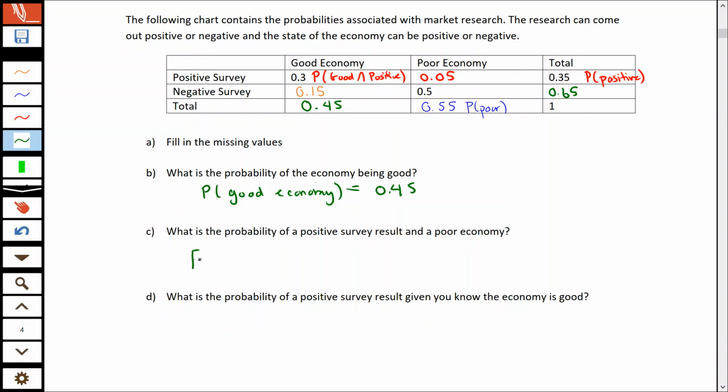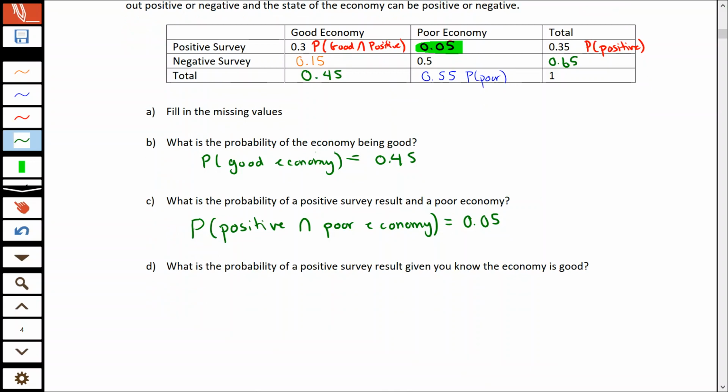So we're looking for the probability of both of these things happening at the same time. So we want that positive survey result, and we want that poor economy. And so these overlap, positive survey result and poor economy, at that 5%. So we know there's a 5% chance of both of those things happening.